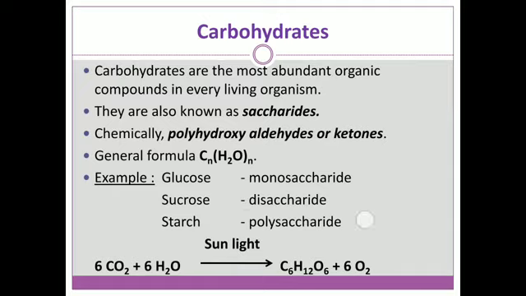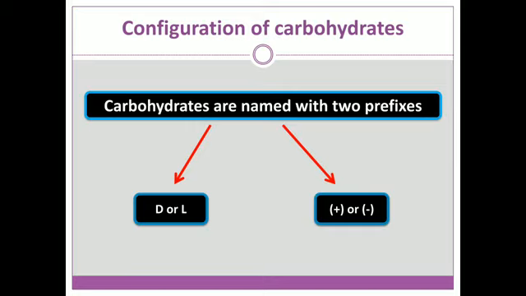Next, we see the configuration of carbohydrates. The carbohydrates are usually named with two prefixes, namely D or L, and followed by the sign either plus or minus. So, two prefixes are mentioned in front of the name of glucose.